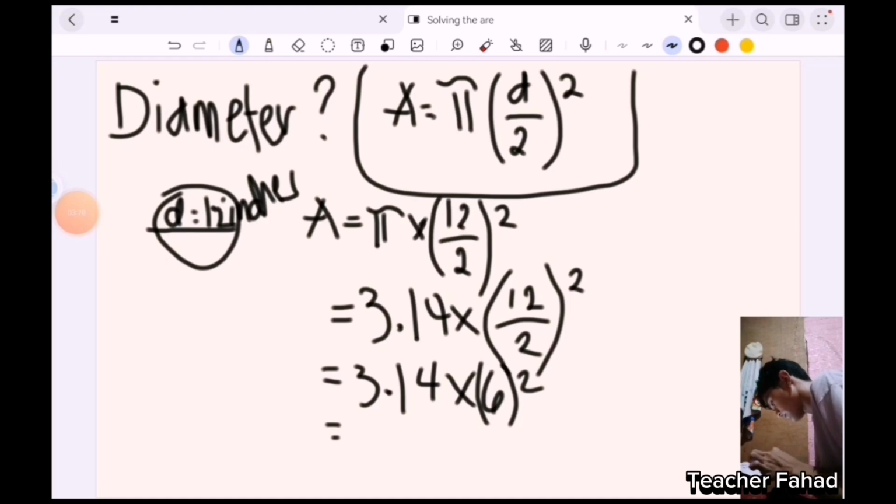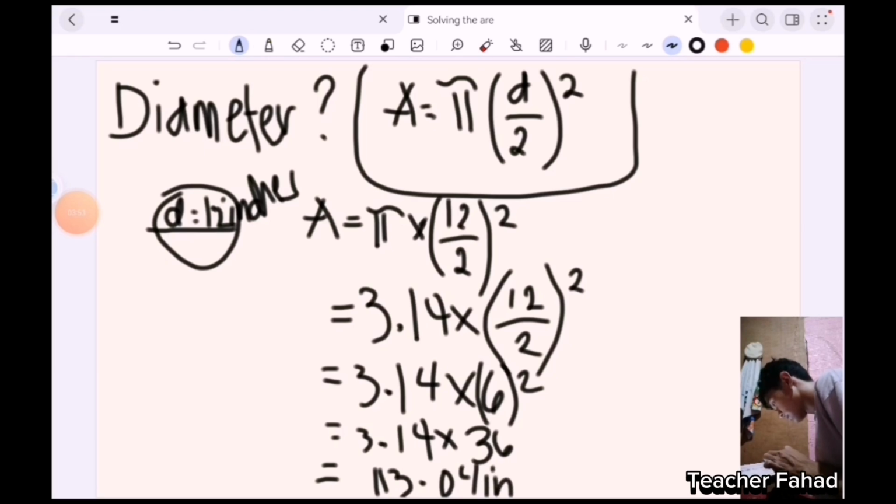So, 3.14 times 6 times 6 is equal to 36 square. So, 3.14 times 36 is 113.04.